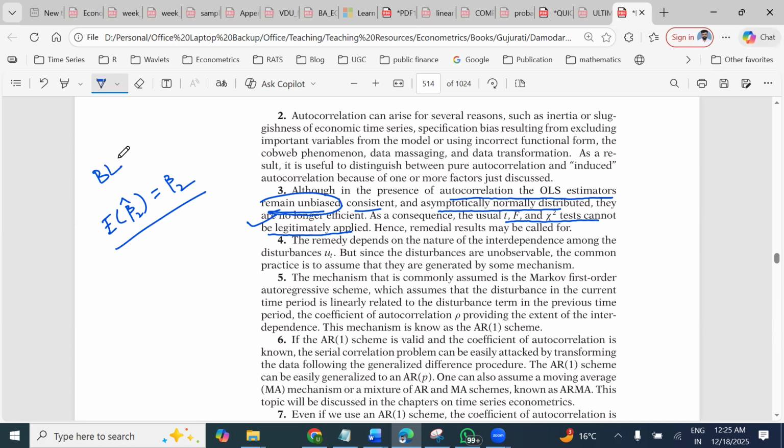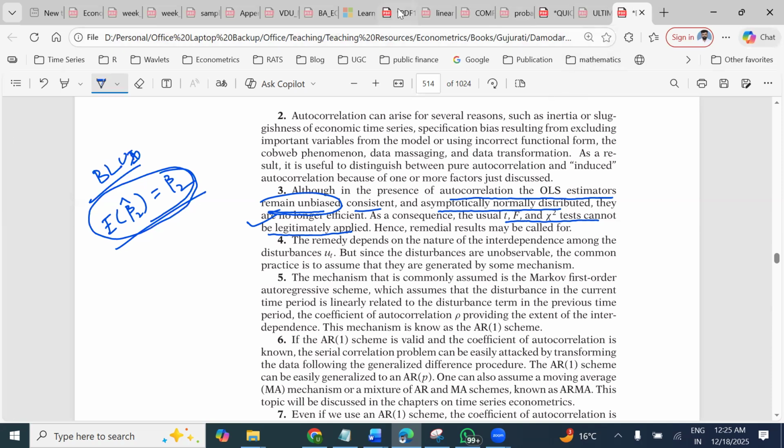If they are BLUE, means unbiased, but best efficiency is not there. Efficiency is not there, but other things are there. Unbiasedness and consistency: if unbiased is there, then the misleading concept will not come.